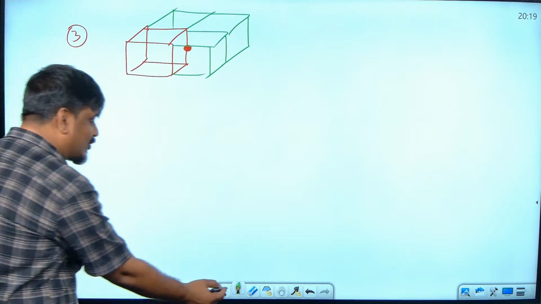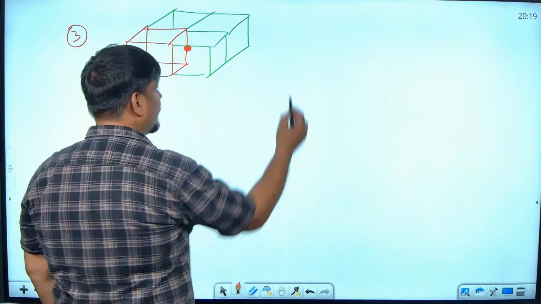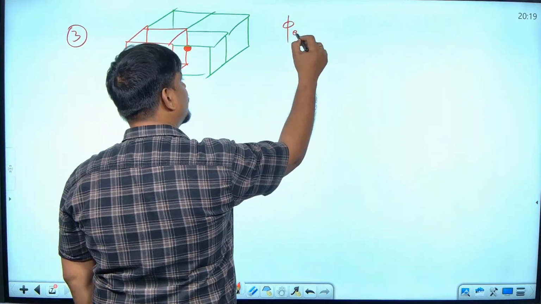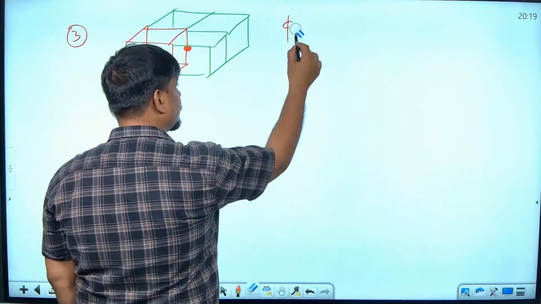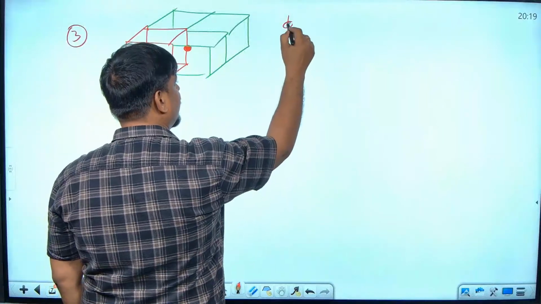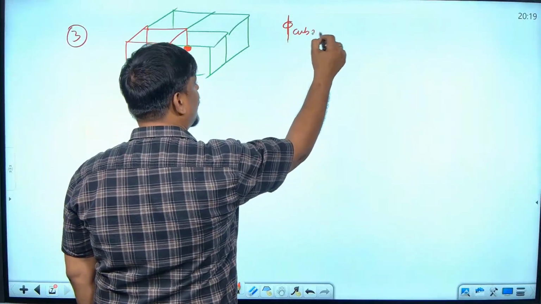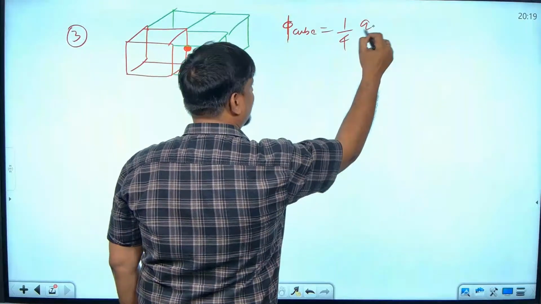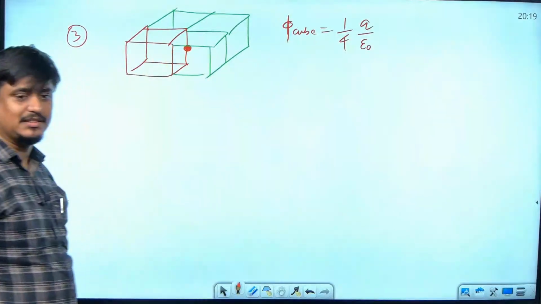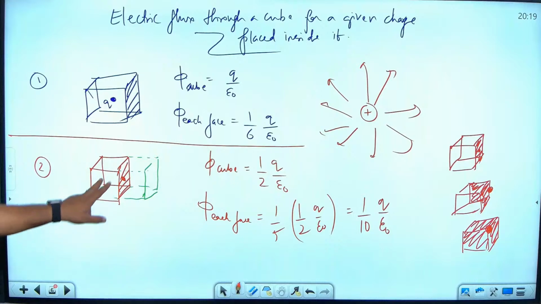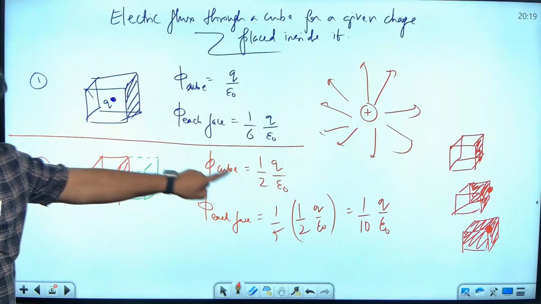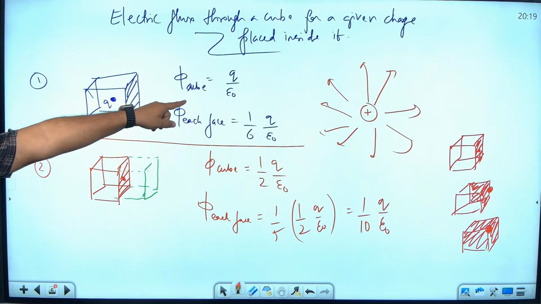So what is the flux through each cube? Tell fast, I am asking about the cube. 4 are there, so 1 by 4 only, no? You take this much time to say the answer. In the previous case, I had 2 cubes, so I took 1 by 2. In the first case, I had only 1 cube, so q by epsilon naught.